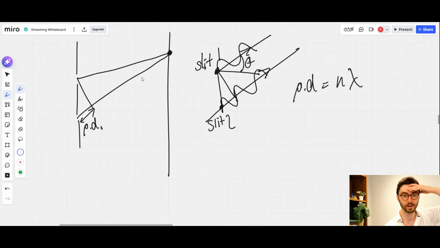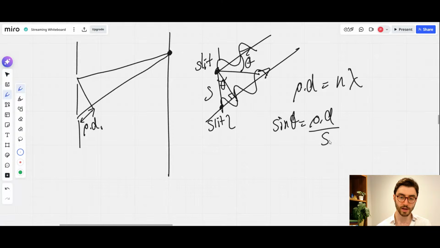That theta there is the same as this angle in here because this meets at right angles. So the distance between the slits, which I will call S, is the hypotenuse of that right angle triangle. I can say that sine theta equals the path difference over S. So the path difference equals S sine theta.